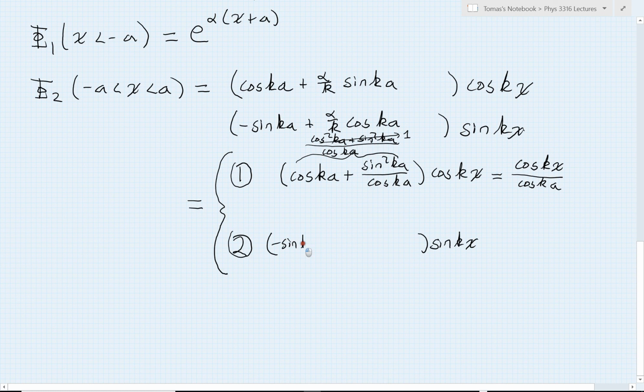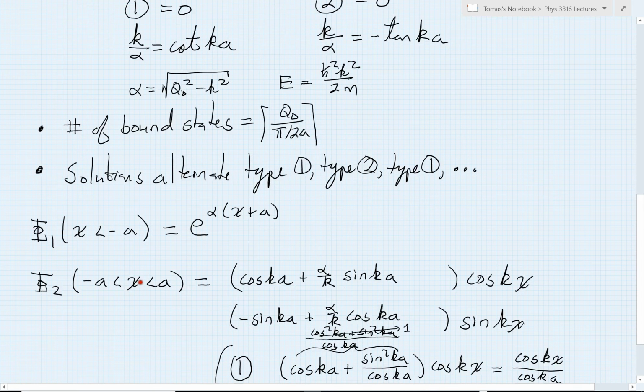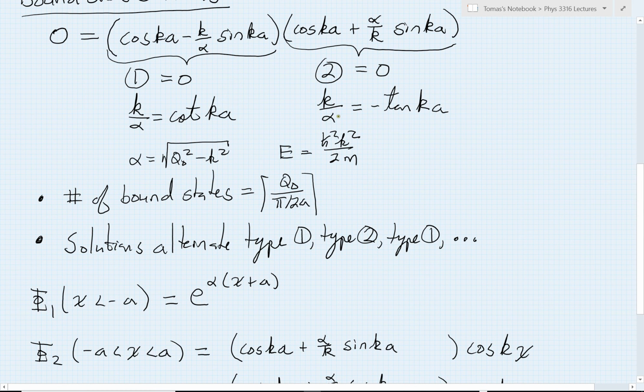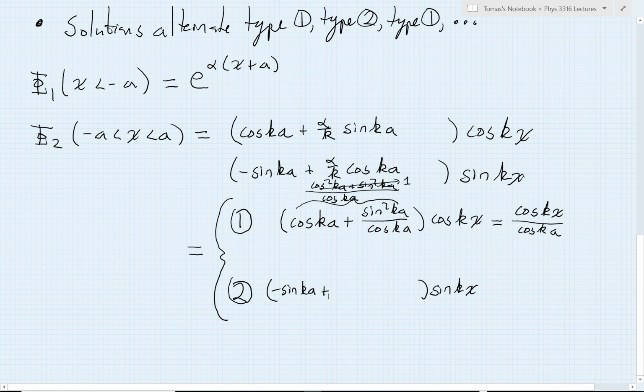Very good, minus sine of Ka, plus then alpha over K, times cosine Ka. Now, alpha over k for type 2, right, would be the reciprocal of this, which would be minus cotan of Ka. So it comes in with a minus sign, so there'll be a minus, and cotangent is cosine Ka over sine Ka.